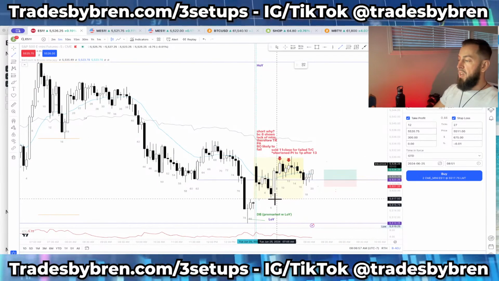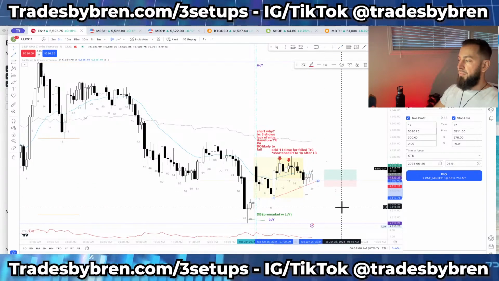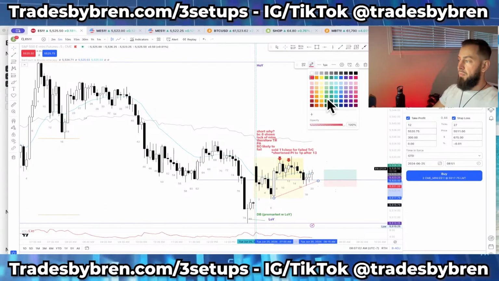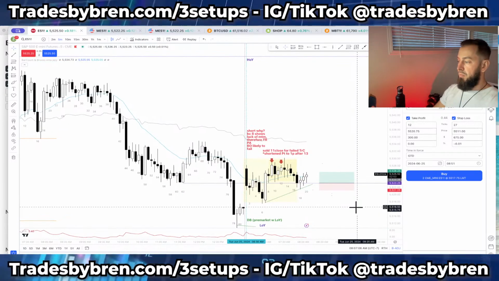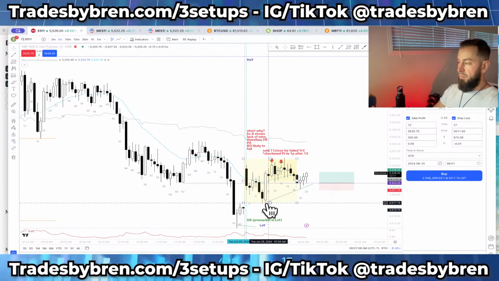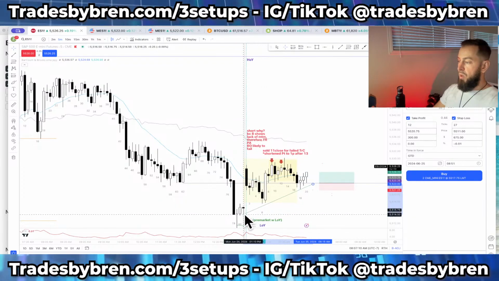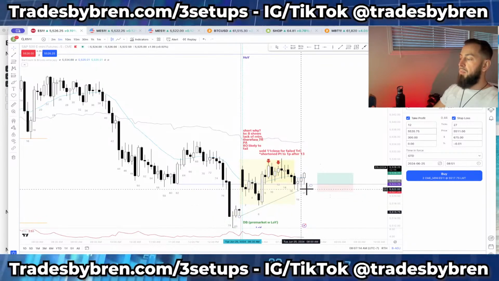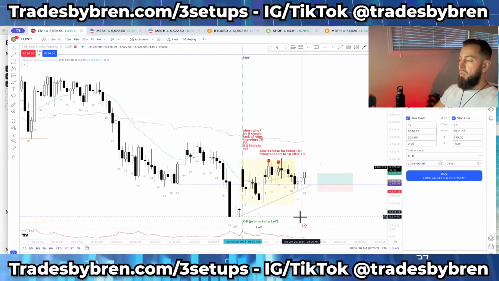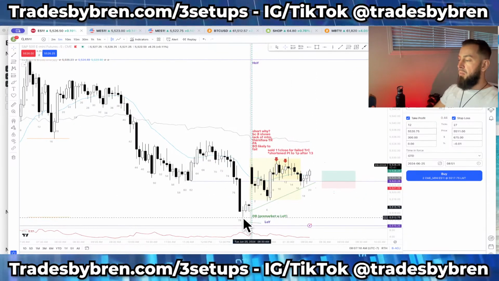Bulls now have a higher low. Somewhat in line with the close of yesterday. That's a wedge bottom. So bulls got a double bottom down here.